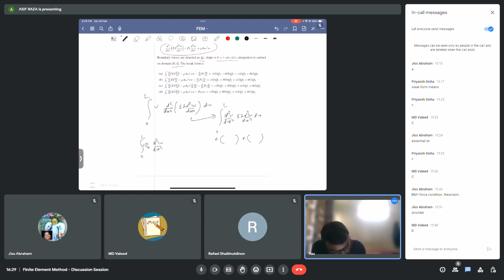If I multiply by v and integrate it, we'll have what? This is similar to my bar problem.